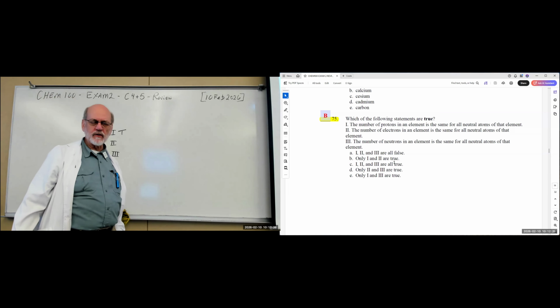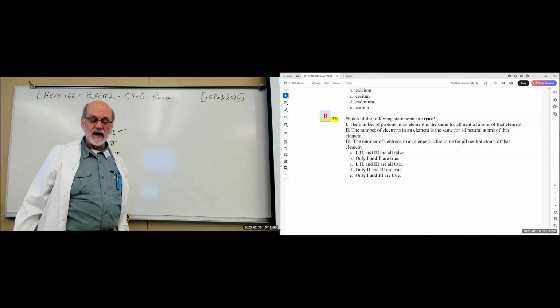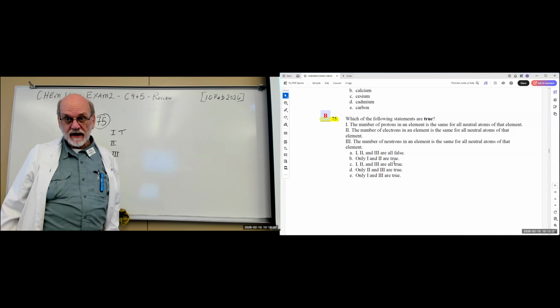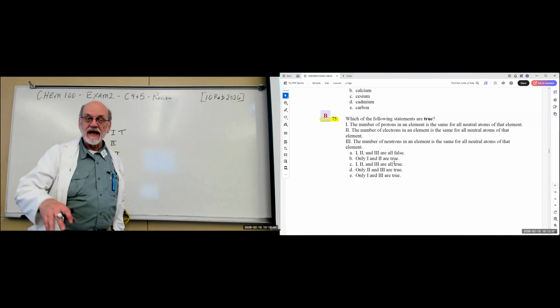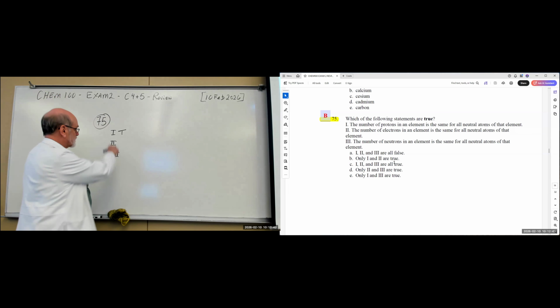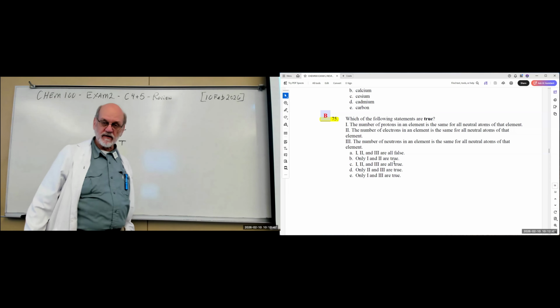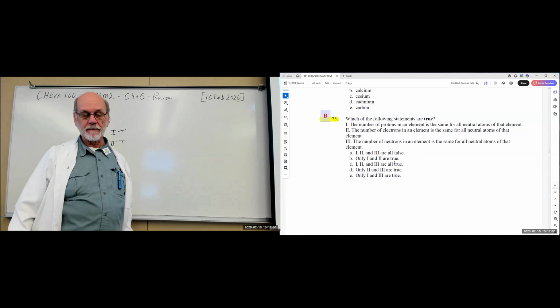How about Roman numeral 2? The number of electrons in an element is the same for all neutral atoms of that element. In that case, the number of electrons equals the number of protons, and that makes it the same as number 1. They will have the same number of electrons in the neutral atoms because they're equal to the protons.